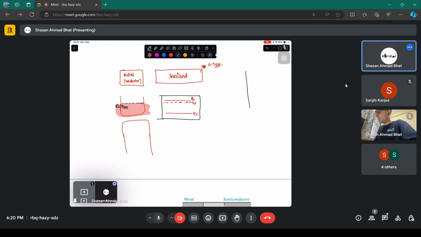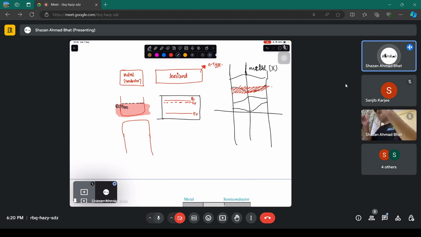When you see the E-k diagram of any metal, let's say this is a metal x, any metal, it so happens that the Fermi level lies around this particular point, but there are bands above also, and they go on and on in increasing energy.